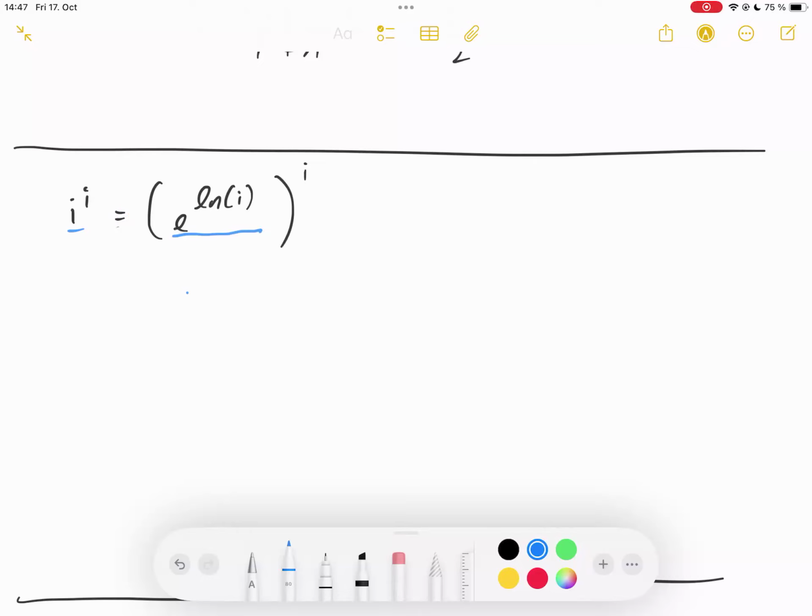And we raise all of this to I. Well, let's put this I in green.